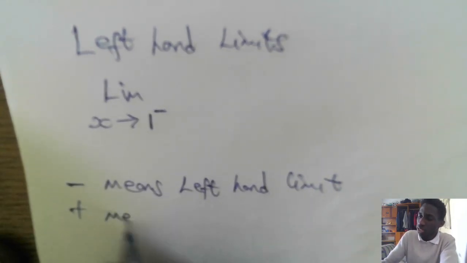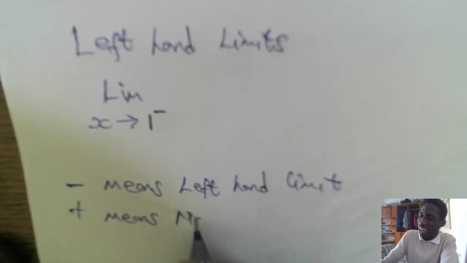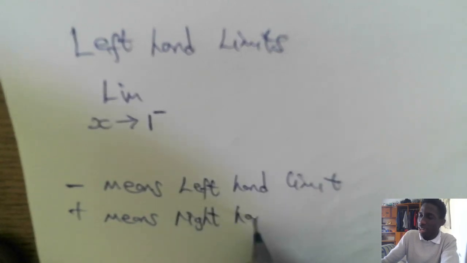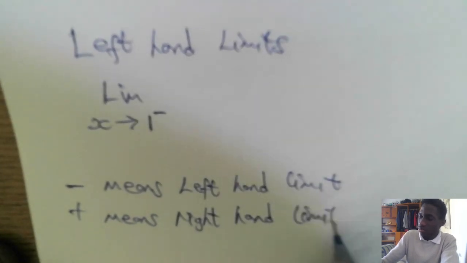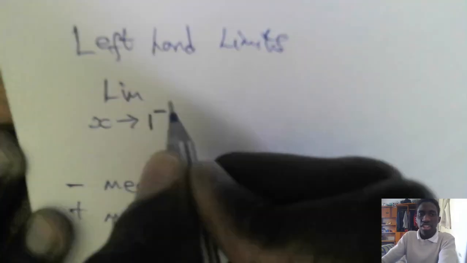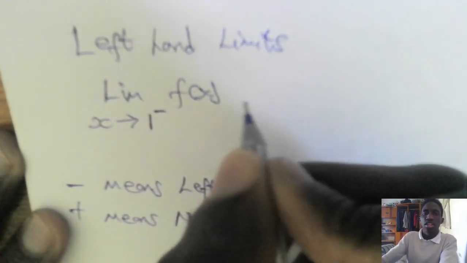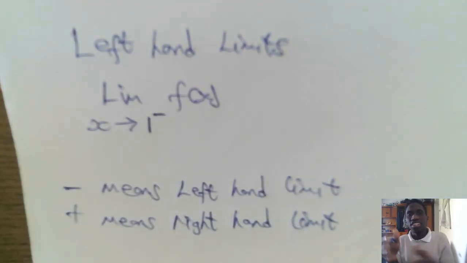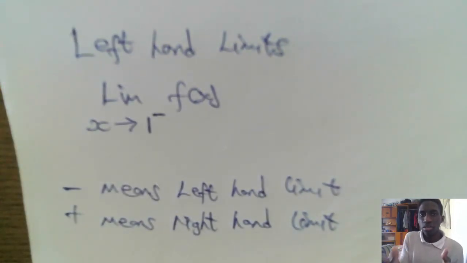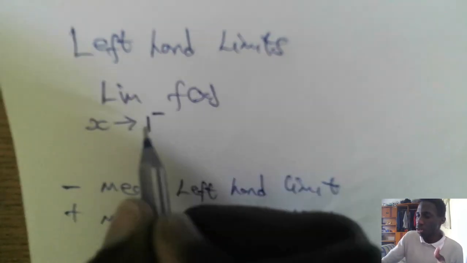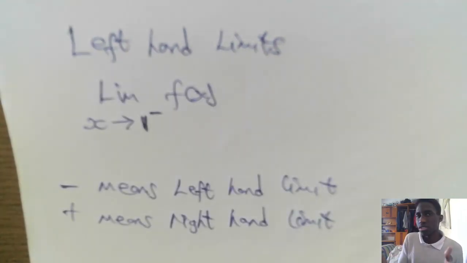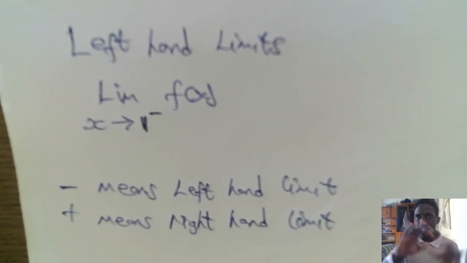So plus means right hand limit. So limit as x approaches 1 from the left of f of x. This means, what is the value of the limit of f of x as we approach from the left?